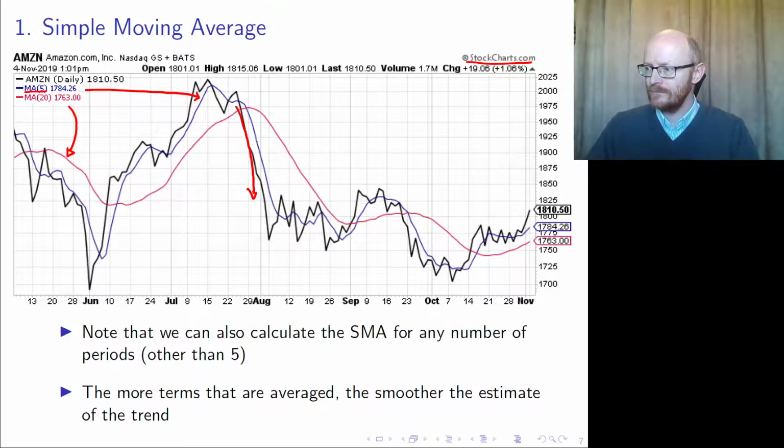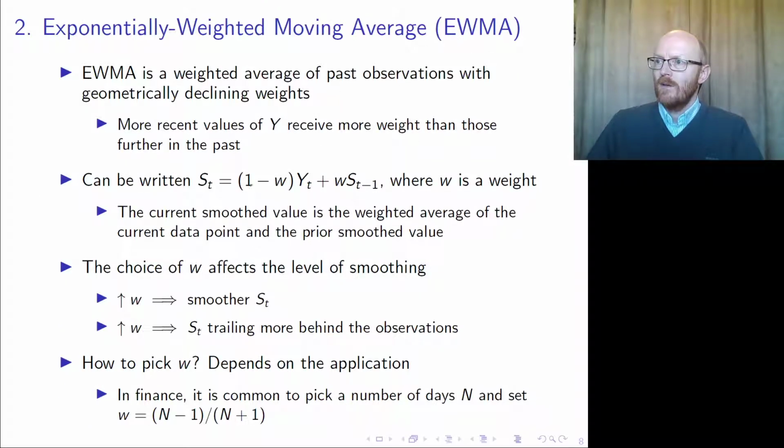Okay, so the more terms which are averaged, the smoother the process, but the longer time a signal needs to be detected.